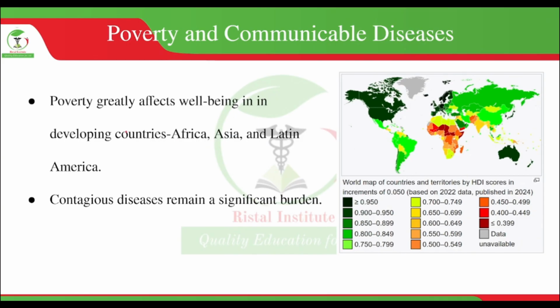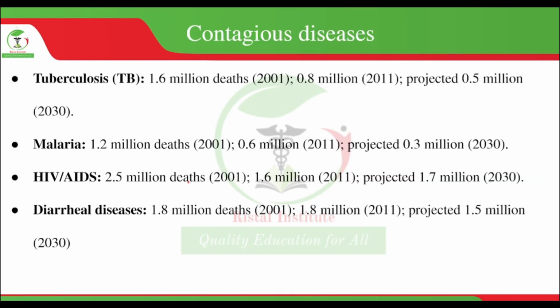The linkage is that poverty greatly affects the well-being of individuals in developing countries, and that is why you have a lot of cases of communicable diseases in these countries. Among the major leading infectious conditions, tuberculosis is causing millions of deaths, and the numbers are still projected to be high.